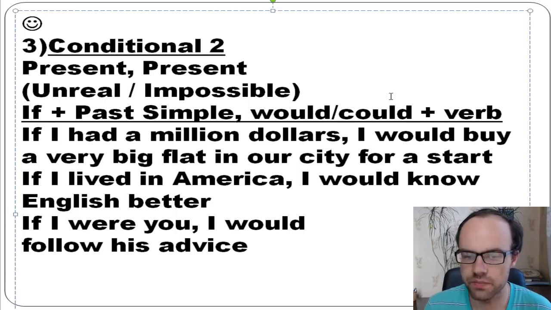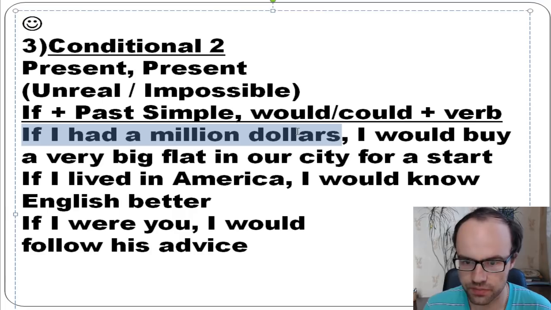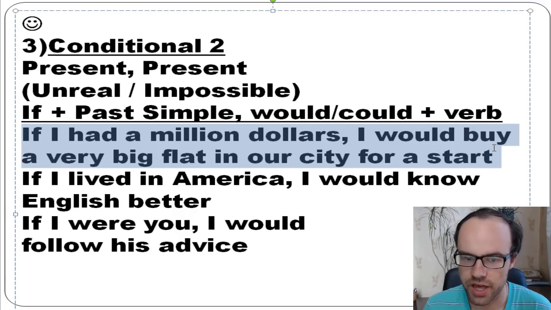So let me give you one example, and I hope it will get really clear. Okay, so you see, if I had $1 million, I would buy a very big flat in our city for a start, okay?